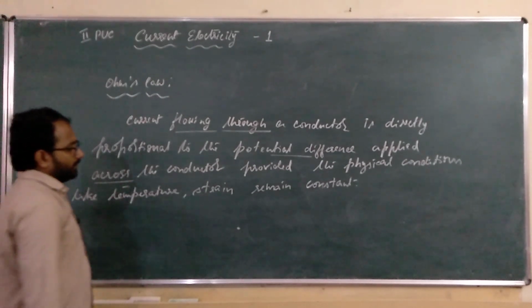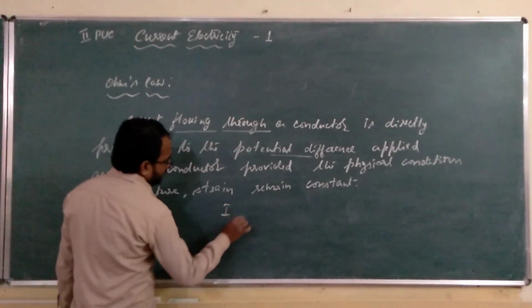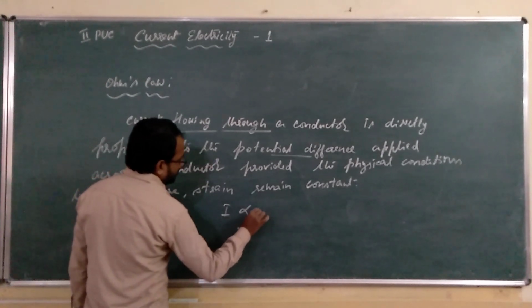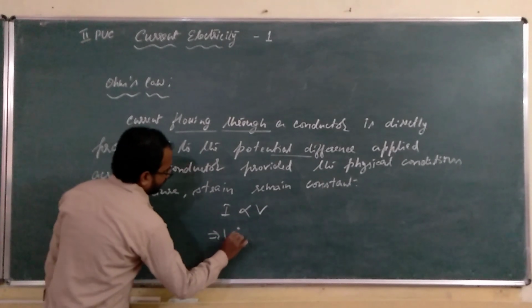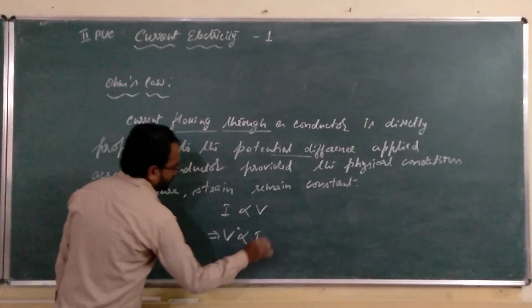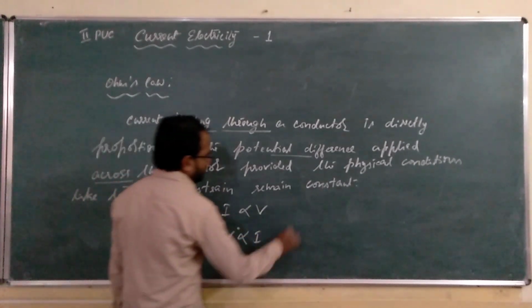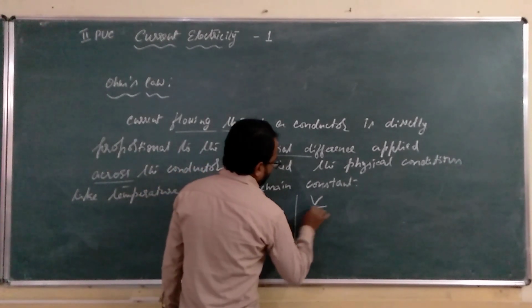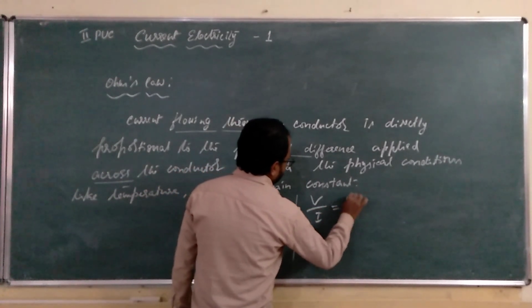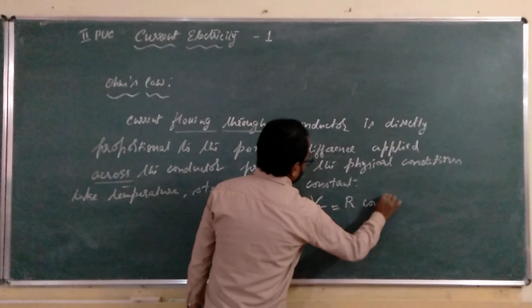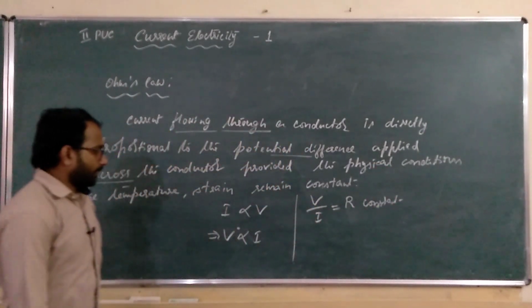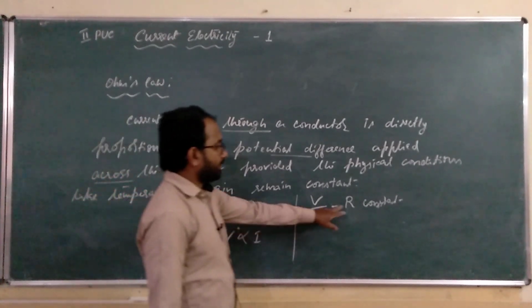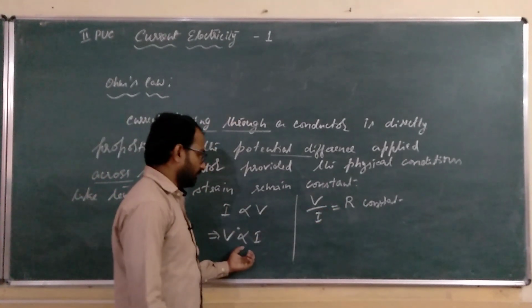According to Ohm's law, I is directly proportional to V, or I can say V is directly proportional to I, or the ratio V by I is a constant. Here proportionality can be converted into equality by introducing a constant.